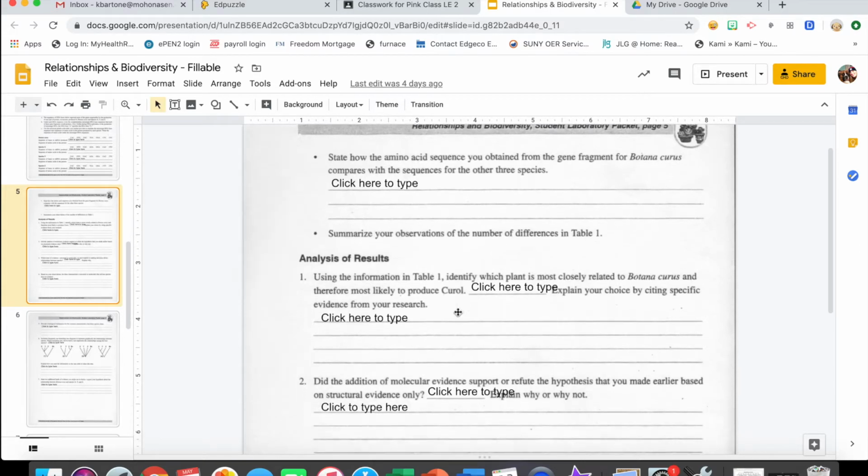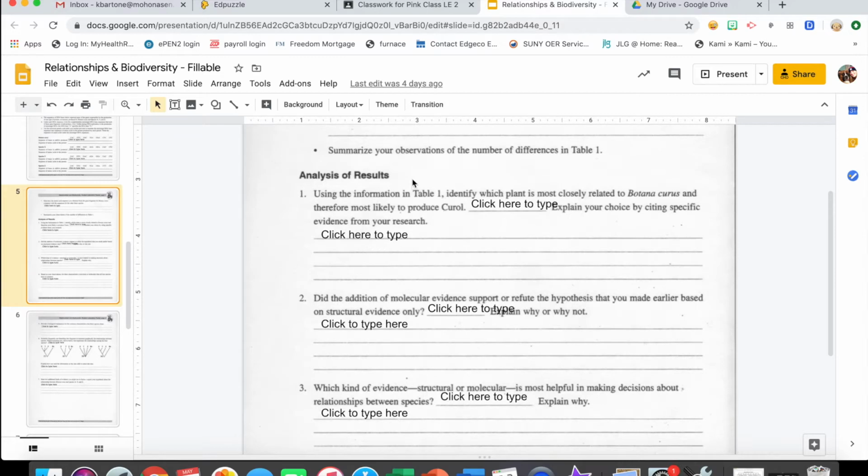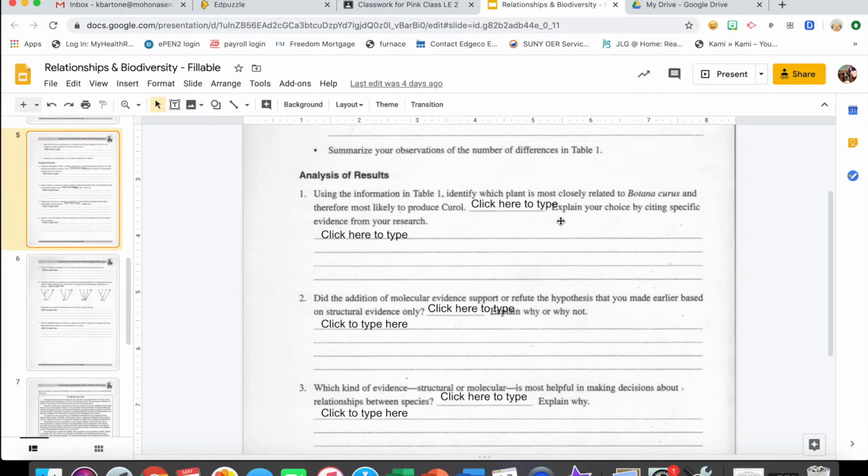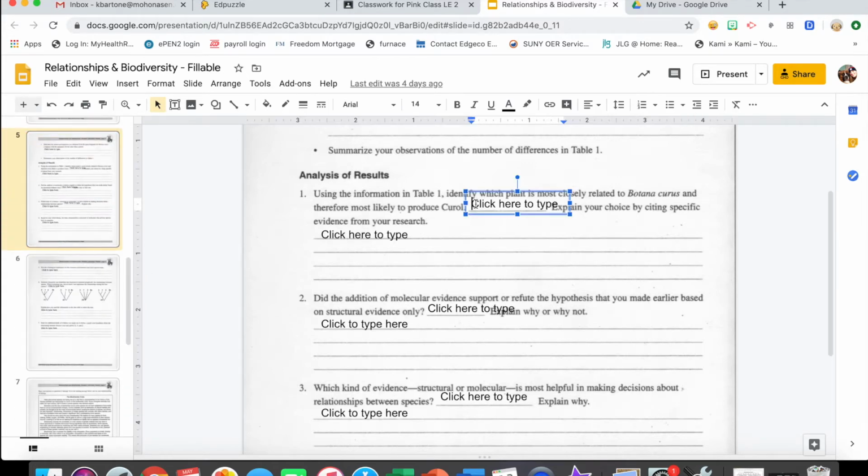So then if we were to analyze the results, using the information in table 1, identify which plant is most closely related to Botanicurus and therefore more likely to produce curel. So again, you're going to use your data from page 8, and you are going to type right here. You can highlight this and delete it, of course.